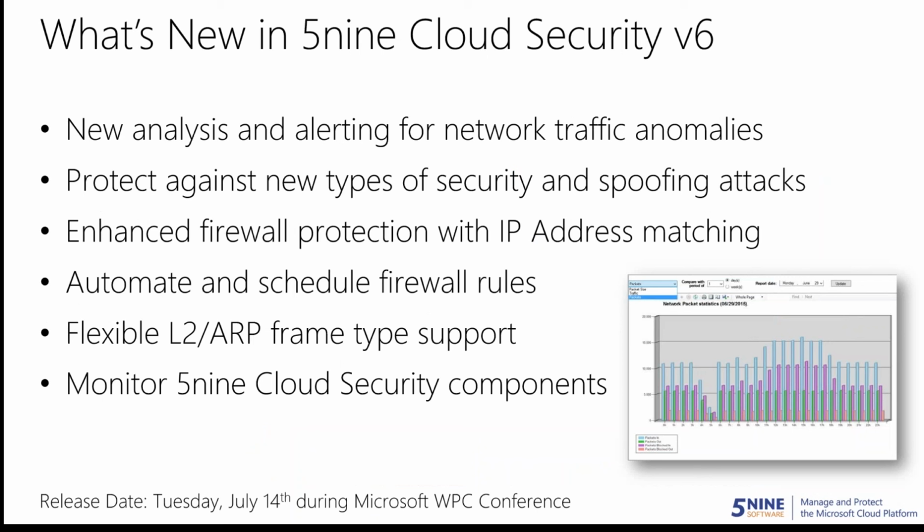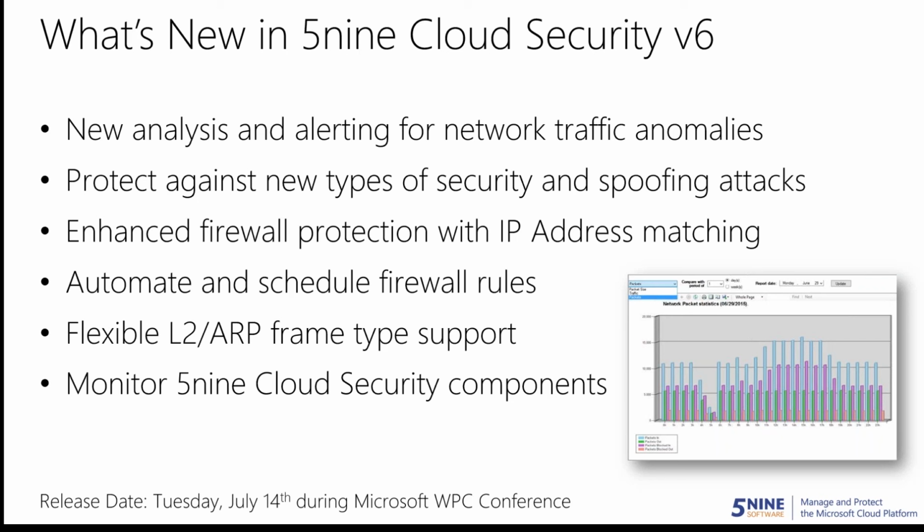We have new protection against different types of spoofing attack, where we're doing checks to make sure that the data is being sent by the correct components in the environment. We allow you to match IP addresses within certain traffic filtering rules so that you can make sure the resources are always coming from the correct virtual machine based on a matching IP address. You can now schedule and turn on and off your firewall rules.